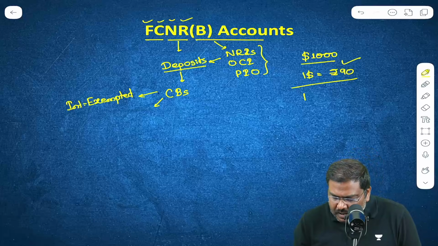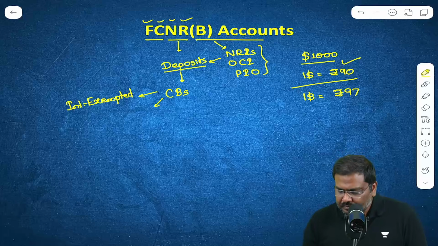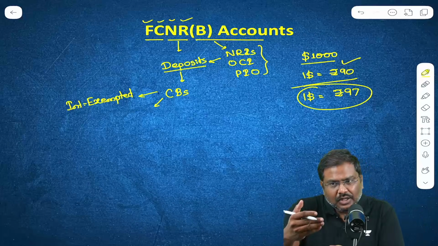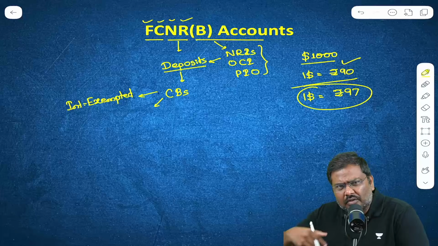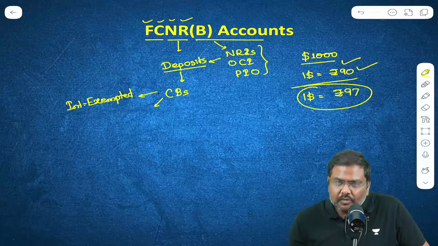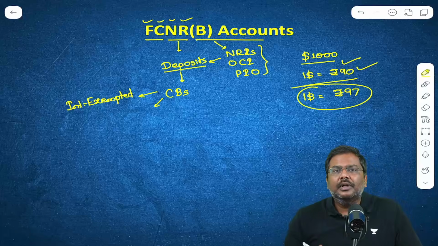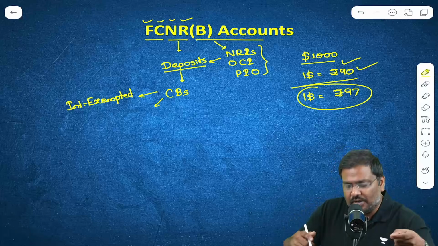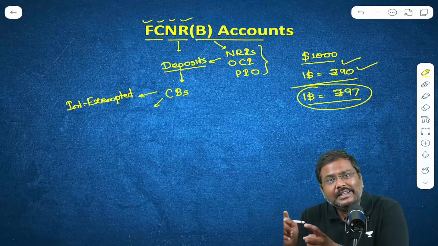Upon maturity, if $1 is equal to 97 rupees, the bank which has collected dollars has converted these dollars into rupees for lending purposes, etc. Now, basically, when they collected, for every dollar it was 90 rupees. Now the bank has to pay for every dollar 97 rupees, which is exchange rate risk.